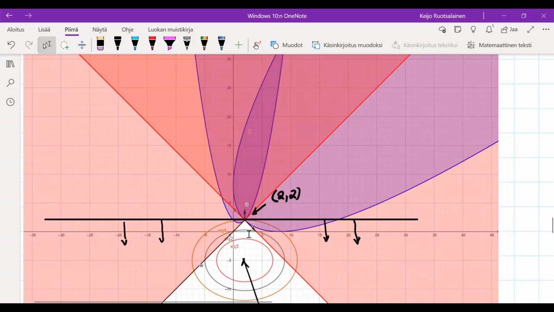And I justified that the cone of improving directions is a half space below the black line. And the cone of feasible direction is here, this red wedge.